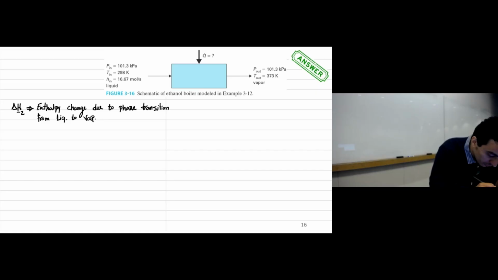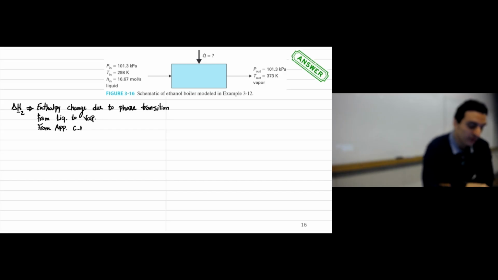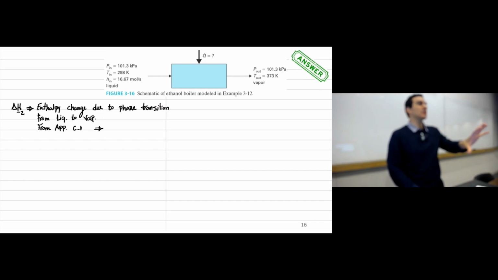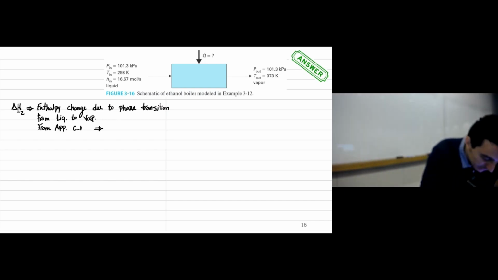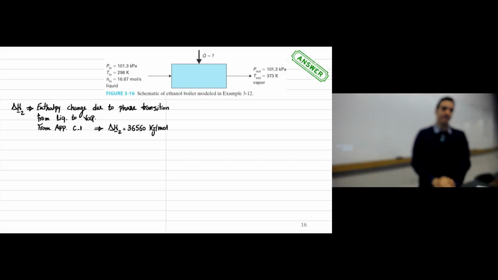You can go to appendix C1 and find this value. So if you go to appendix C1, look for your substance, which is ethanol. For ethanol, you can find delta H vaporization, which is delta H2 in this example. This one will be 36560 kilojoule per mole. Okay. Clear?